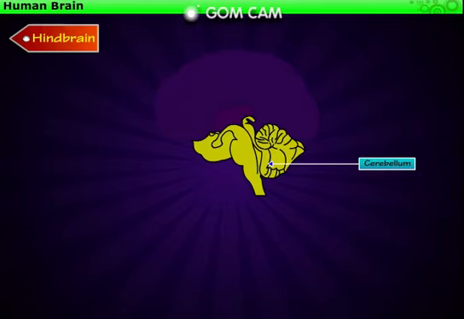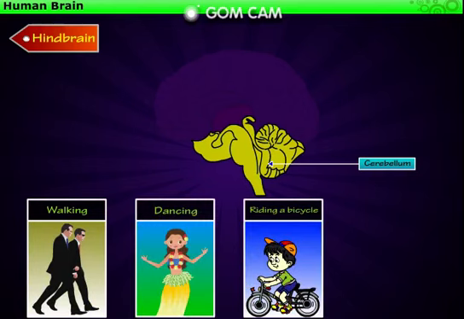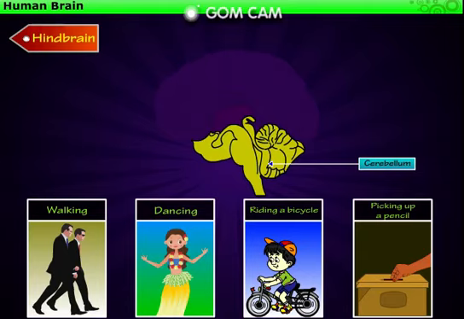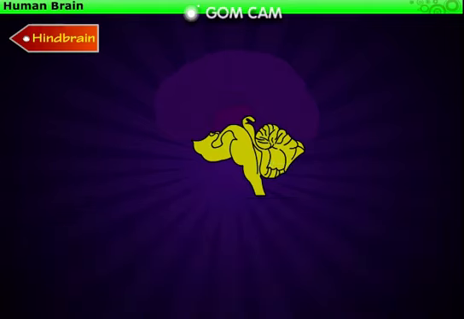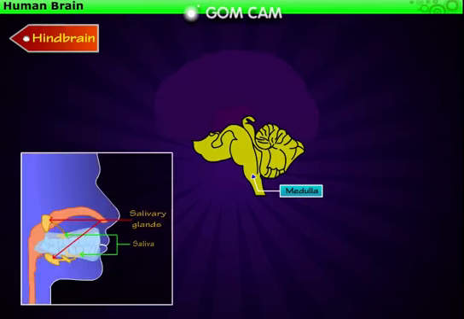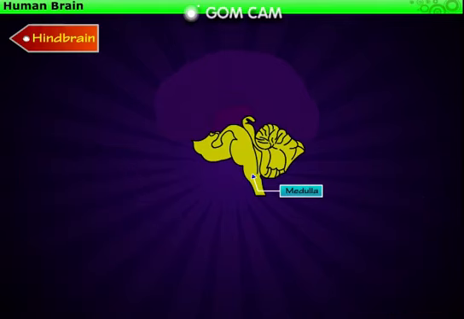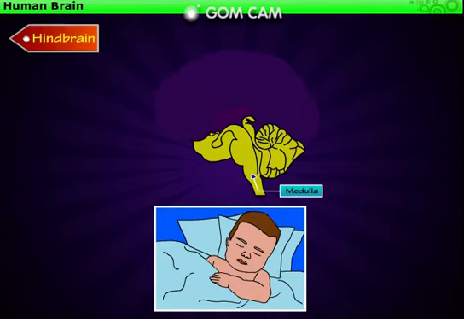It also coordinates smooth body movements, like walking in a straight line, dancing, riding a bicycle, and picking up a pencil. The medulla controls various involuntary actions, such as heartbeat, blood pressure, salivation, vomiting, and peristaltic movements of the alimentary canal. Thus the brain controls everything we do, even when we are asleep.